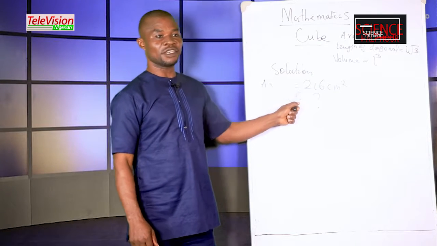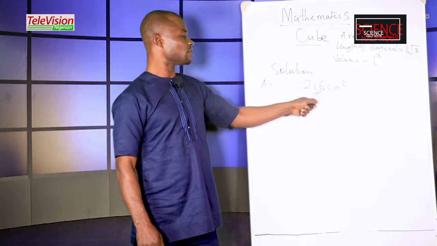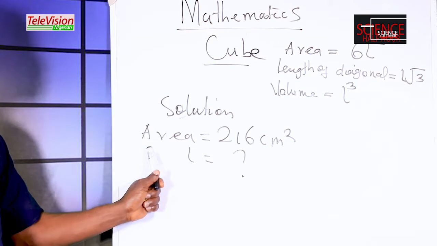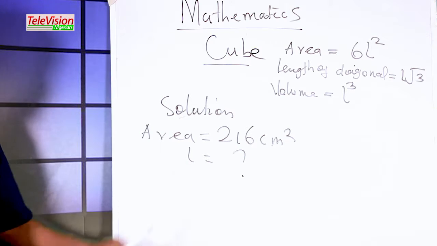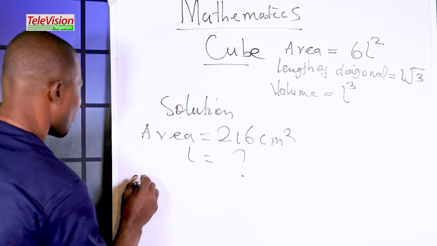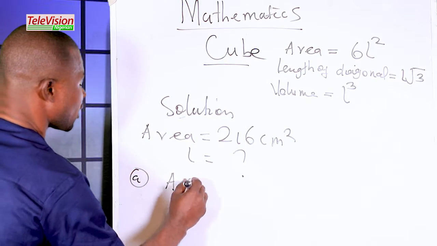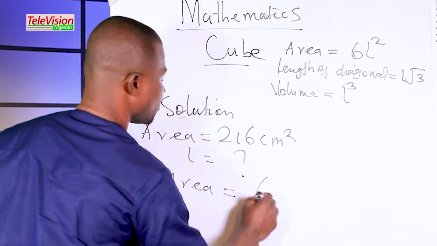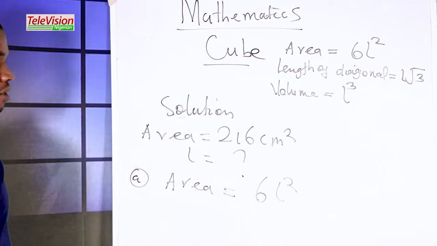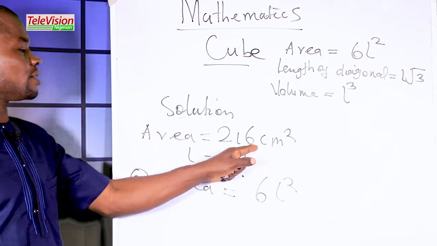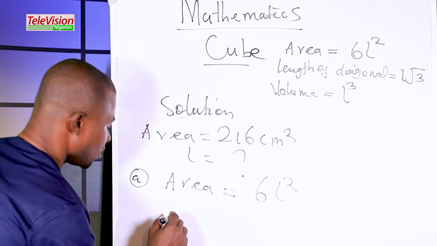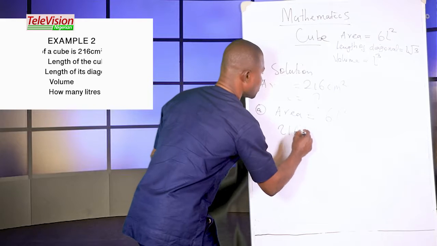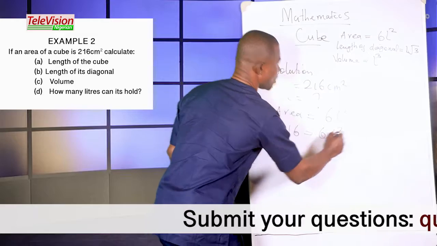Because the area is given as 216 cm squared, we are going to use the formula of the area to get the length. Area is equal to 6L squared. We substitute 216 for area, which is 216 is equal to 6L squared.